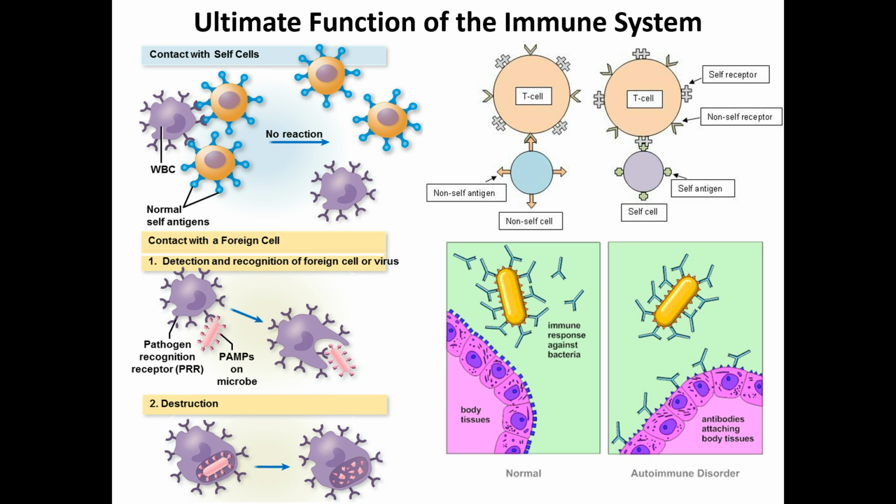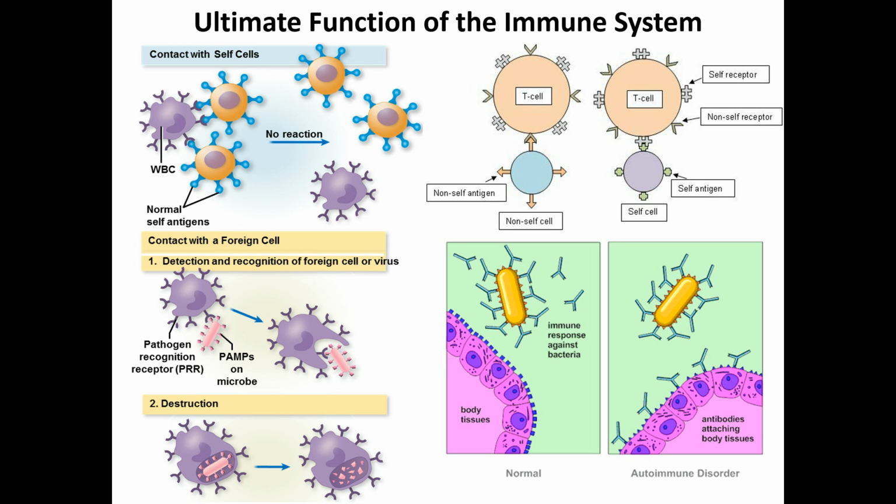If these are self-antigens and they're normal, not modified in some way, or there's not an abnormal concentration of certain receptors or cellular components being presented, then our immune system says everything's a-okay. There's no immunological response.